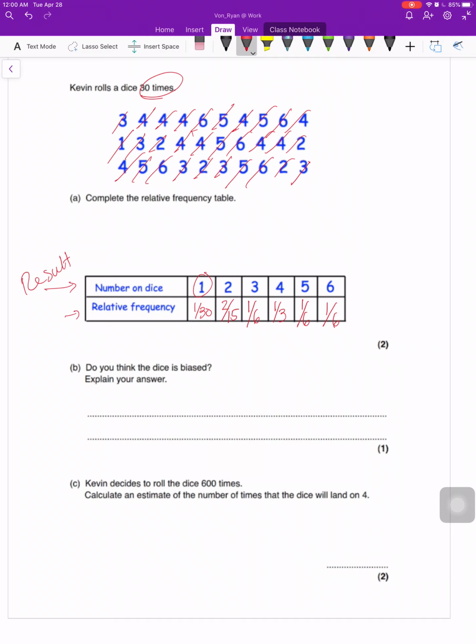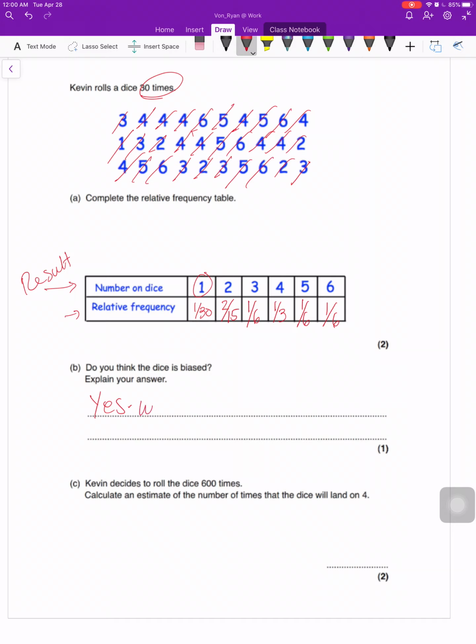And as you can see here, it is quite biased. Why is that? Because if you roll the dice 30 times, theoretically you would expect 5 of each, because if it's 6 outcomes, 5 of them would be 6, 5 of them would be 5 if it's equally distributed.